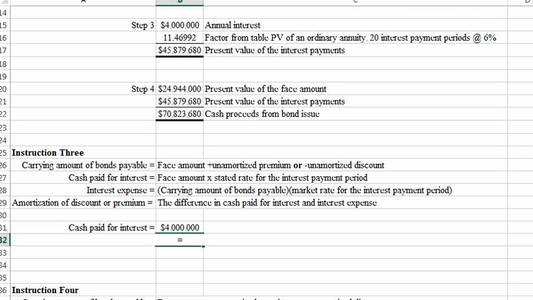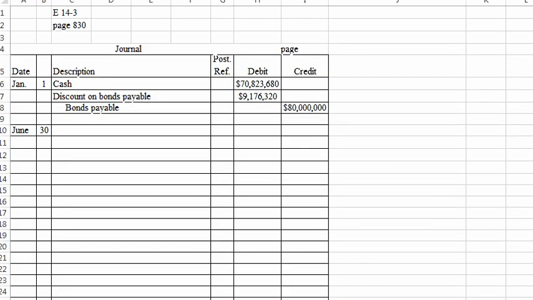Okay, let's try this again. For interest expense, it's our $80 million minus the unamortized discount, which is really just going to bring us back to this $70 million number. But that unamortized discount was $9,176,320.